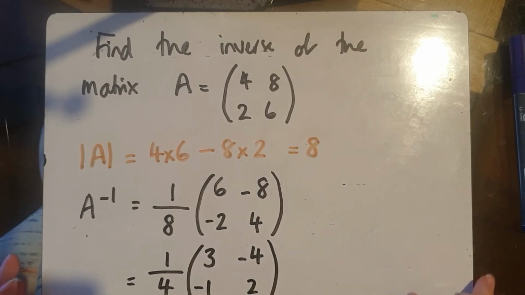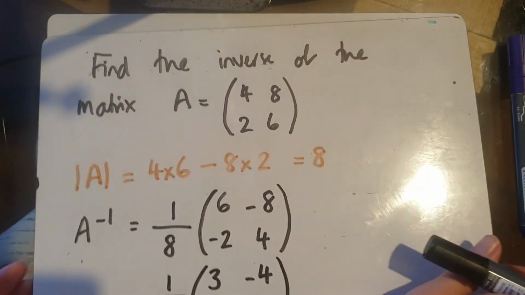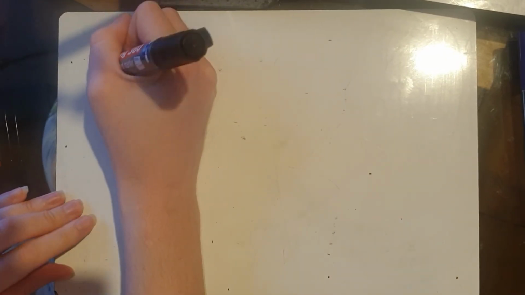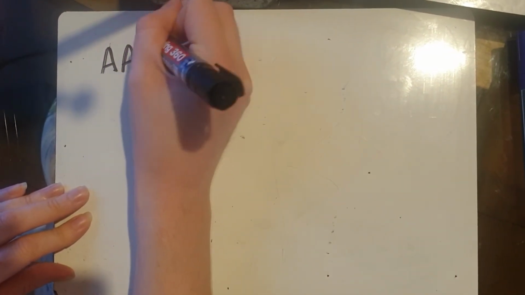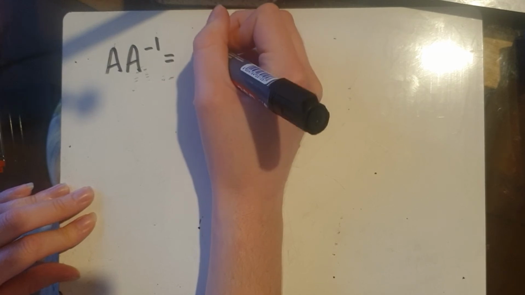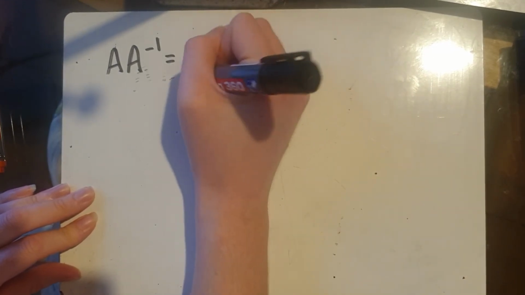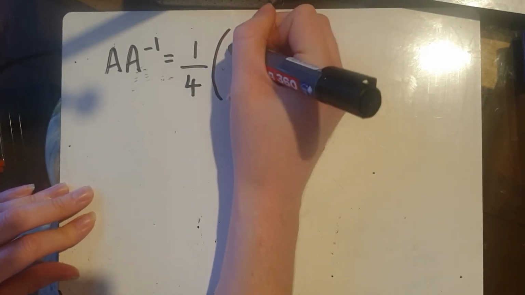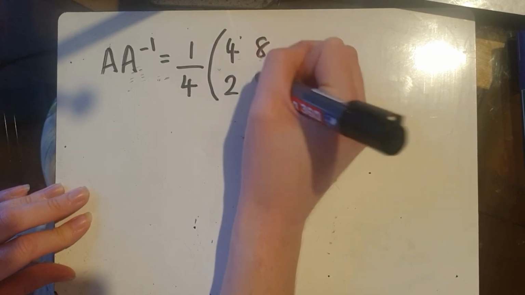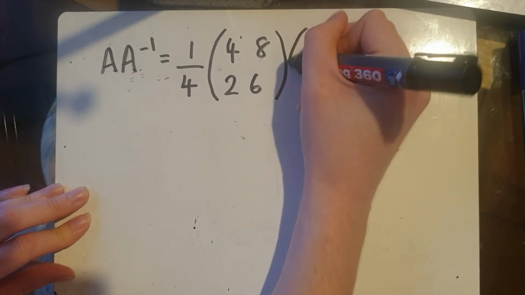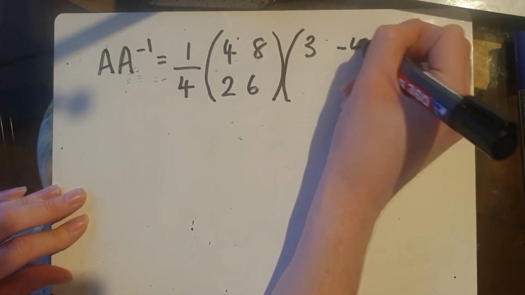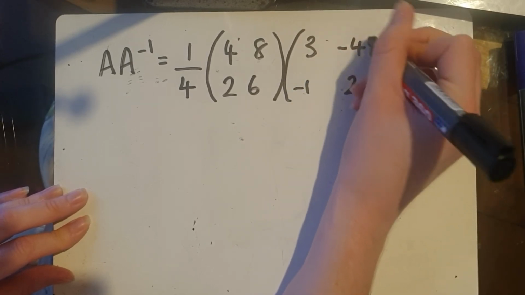And I'm just going to show you that that works. So A times A inverse is, now the quarter can come to the front, 4, 8, 2, 6, 3, negative 4, negative 1, 2.